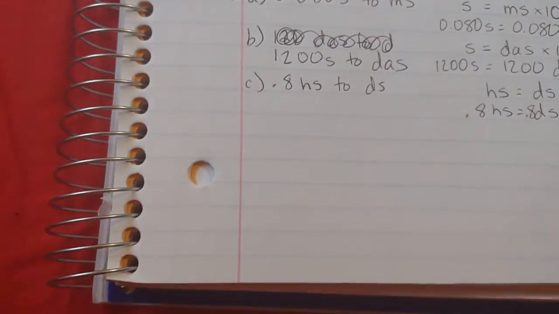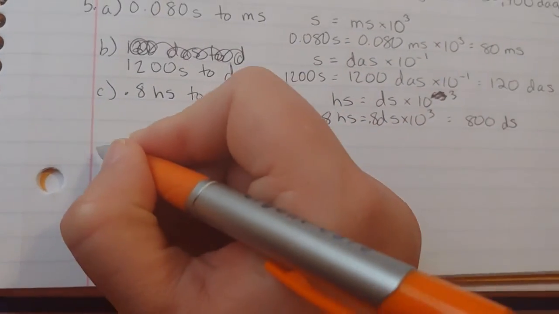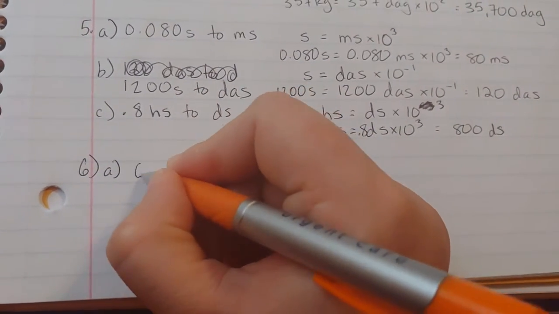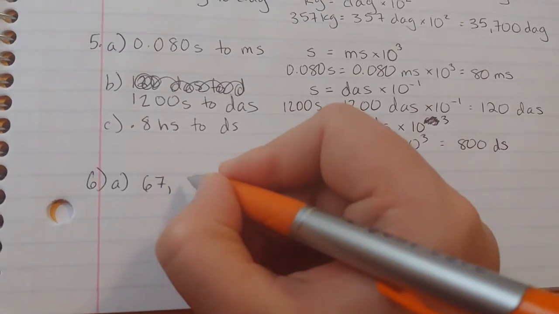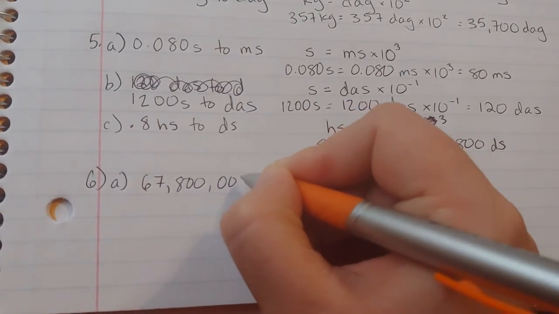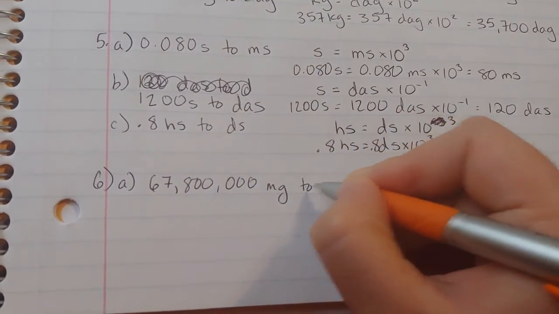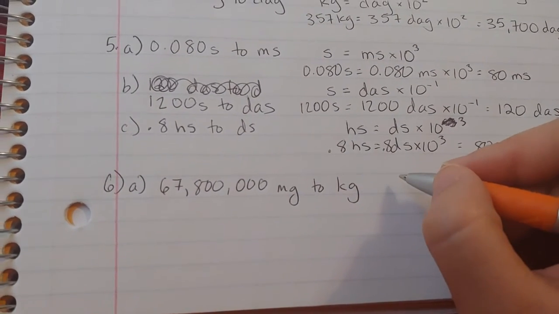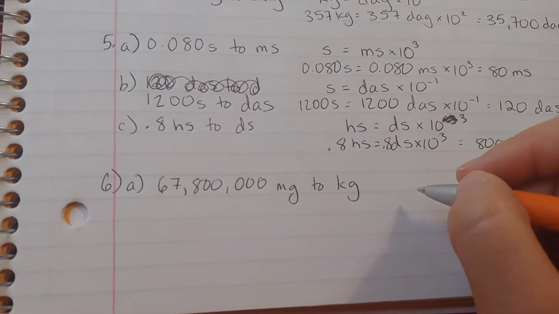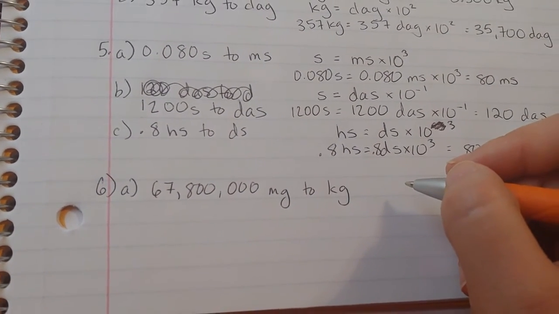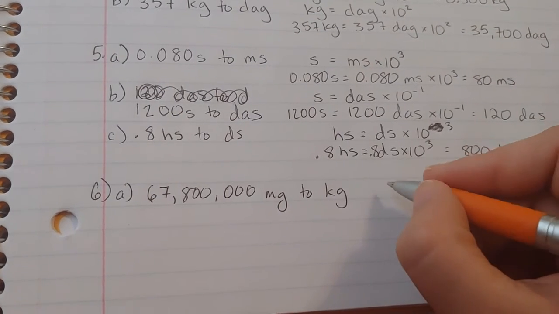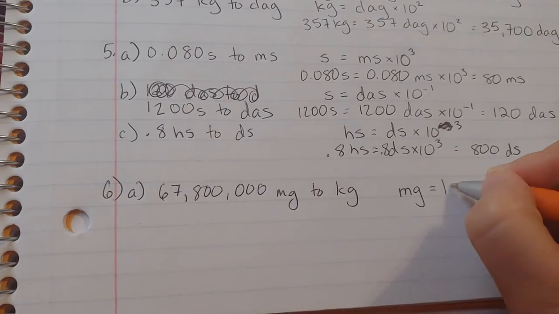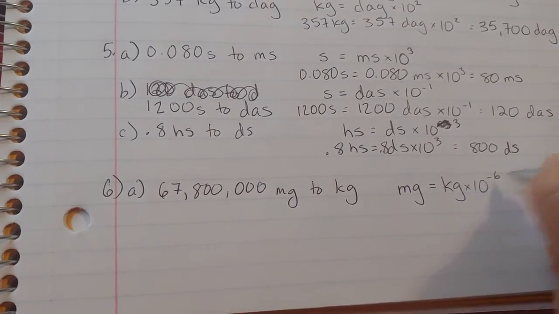All right, so you're going to kind of follow the same thing for number 6. Converting 67,800,000 milligrams to kilograms. Well, I know that kilogram is 10 to the third and milligram is 10 to the negative third. So there's a difference here of 10 to the sixth. And I know that 1 milligram equals 1 kilogram times 10 to the negative sixth.